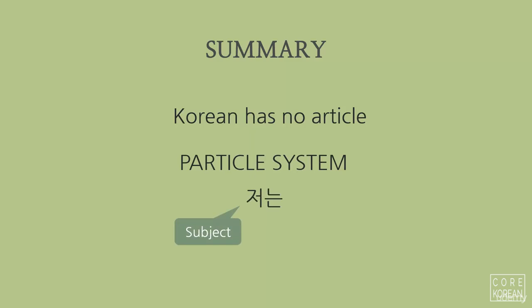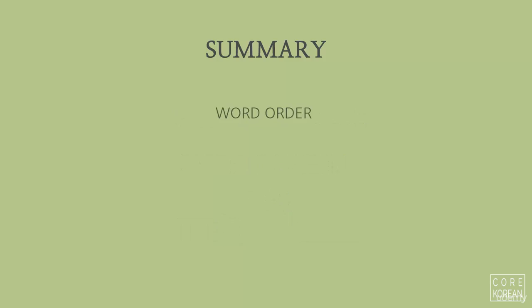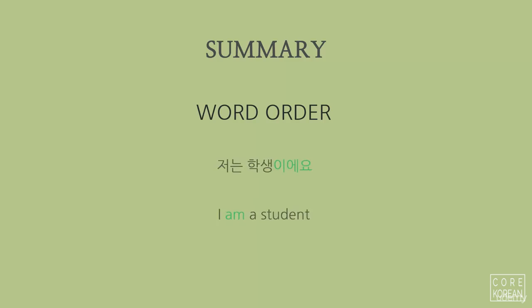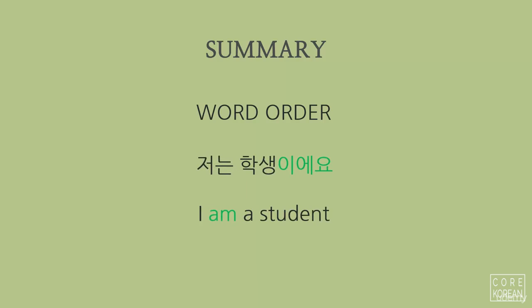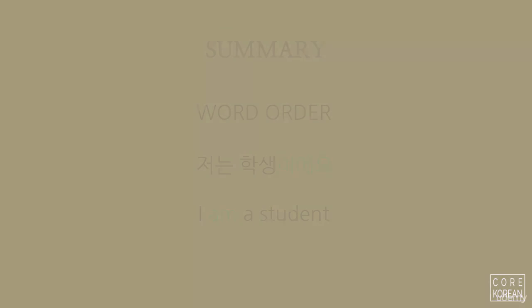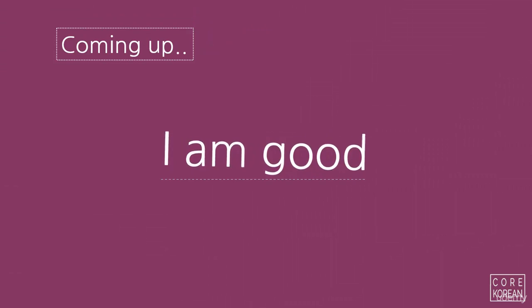The part 저 plays a role as a subject in the sentence because of the particle 는. You have learned the order of words in Korean is different from that of English. Predicate is placed at the end of the sentence because it's usually more important in Korean. In the next lecture, you're going to learn the sentence I'm good in Korean.